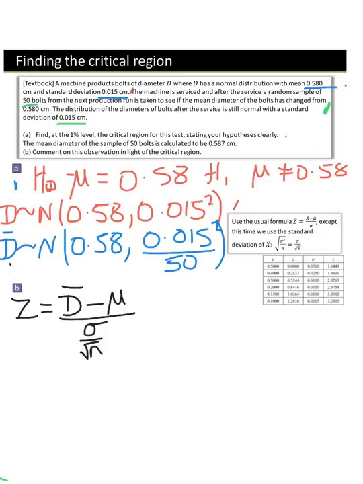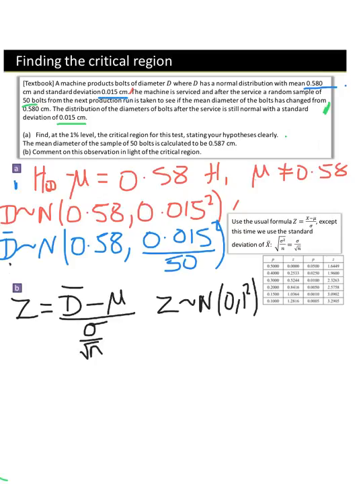Okay, so using that coding we can then standardise it, and then using the standard normal distribution we can work out what our critical region is using the percentage points or using the calculator.